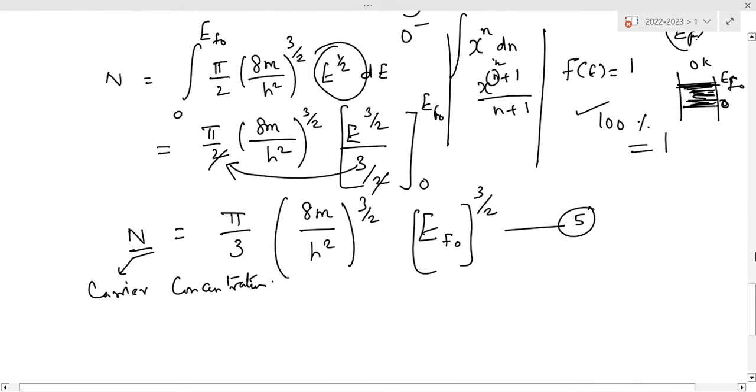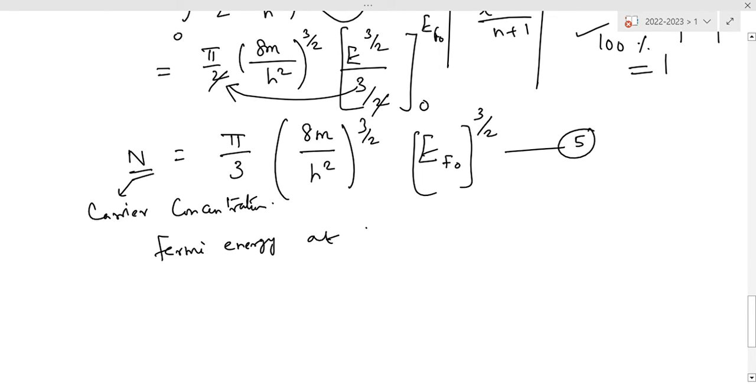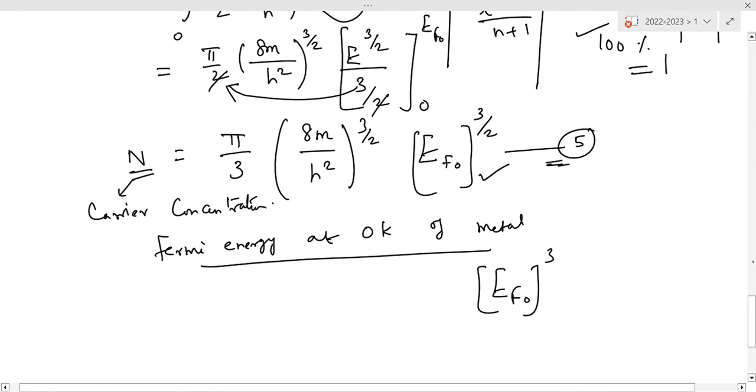If you want to derive the Fermi energy level of the metal at 0 Kelvin, in this equation 5, the rearrangement is EF naught should be kept on one side, EF naught power 3 by 2.